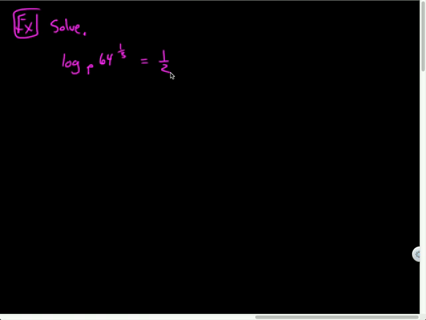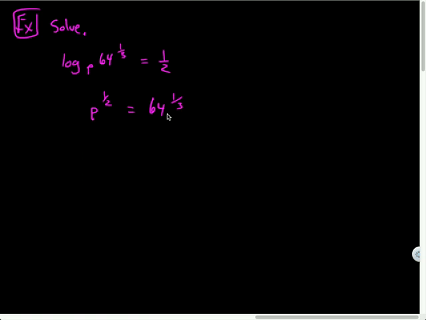Sometimes when solving, it will be helpful to rewrite stuff in exponential form. So what does this mean in exponential form? The base to this power is equal to that: p to the half equals 64 to the third. So p to the half equals 4.